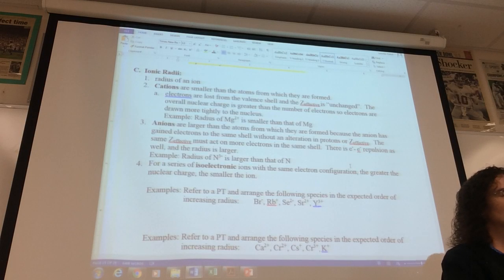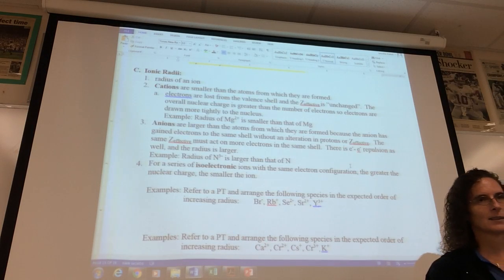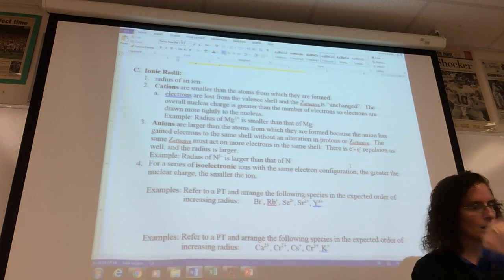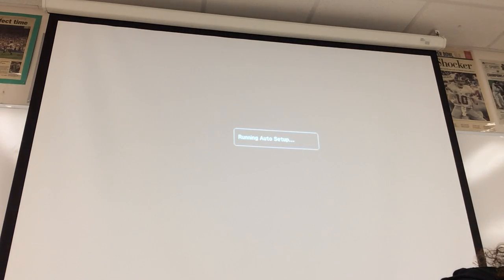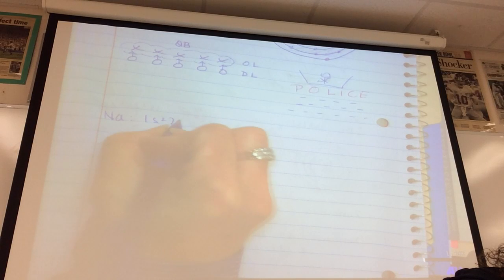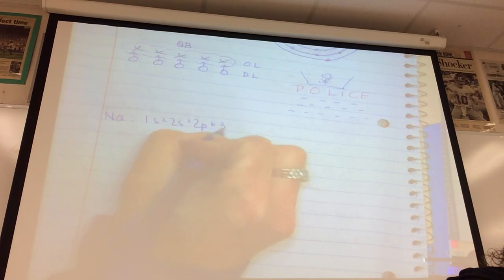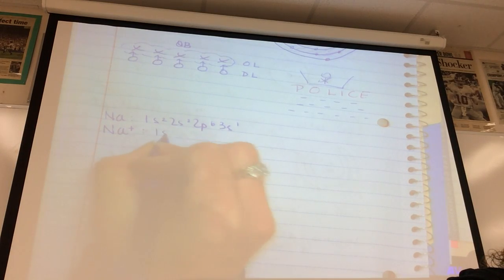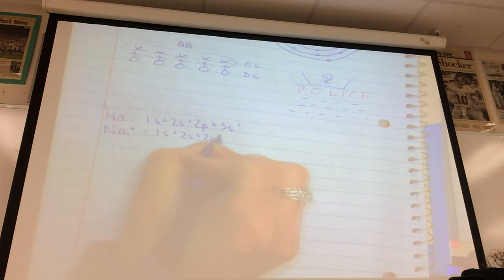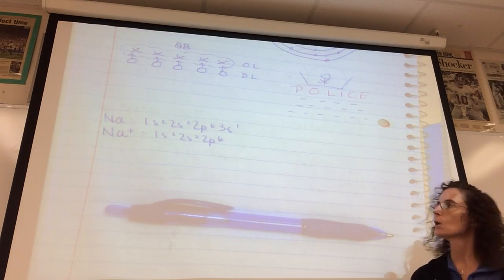Alrighty, with ionic radius, you're talking about the radius of an ion. Let's think about this. If, for example, I had sodium, 1s2, 2s2, 2p6, 3s1, and I had a sodium ion, I would lose the electron from the outermost shell.